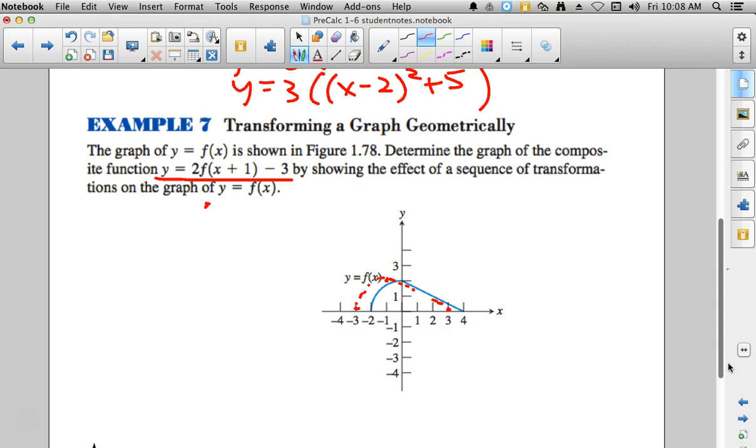Yeah, we have to go out front. You did the parentheses, now you go out front. Vertical stretch of 2, how are you supposed to do that if you don't have the equation? Well, you stretch all the y's 2. So, this isn't going to go anywhere because the y's right here are 0. But we could use this one at 2 and say, if I have to double that, that's now going to be 4.